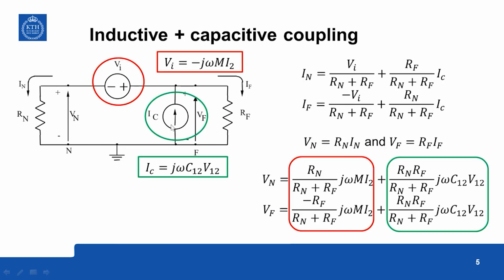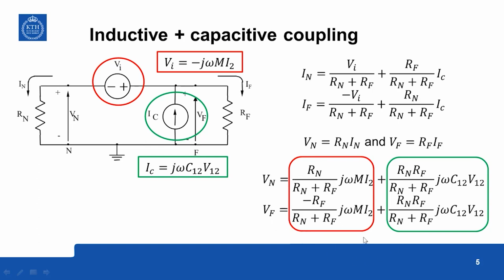So we have the two sources here, Vi equals minus j omega M I2, and IC, then we write down In, If, so Vn, Vf. So Vn is written by this expression and Vf is written by this expression.